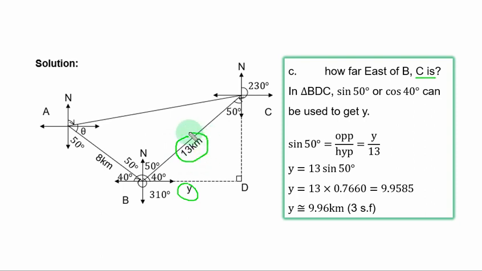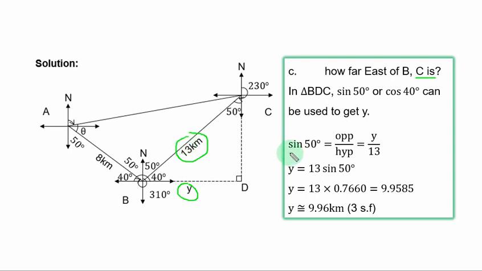Now, you have the option of working with 50 degrees and 40 degrees. If you are going by 50 degrees, this is opposite over hypotenuse, that is sine. If you are going by 40 degrees, this is adjacent over hypotenuse, that is cosine. Any one you choose to use, you have the same result.